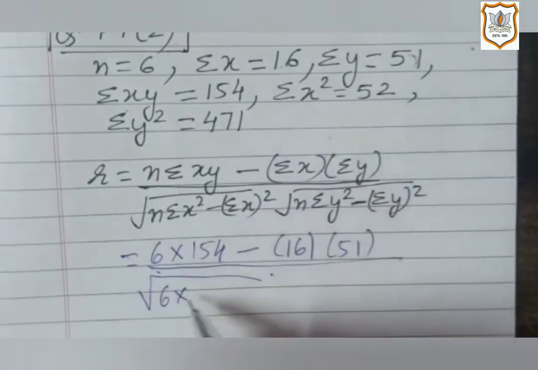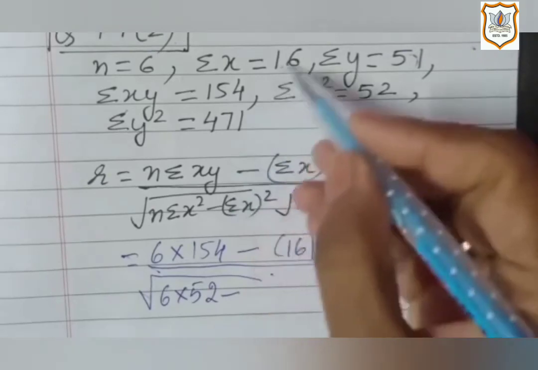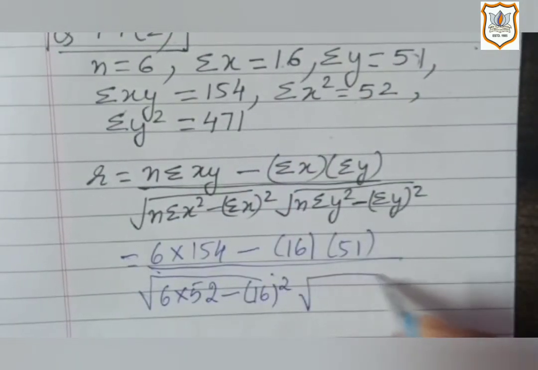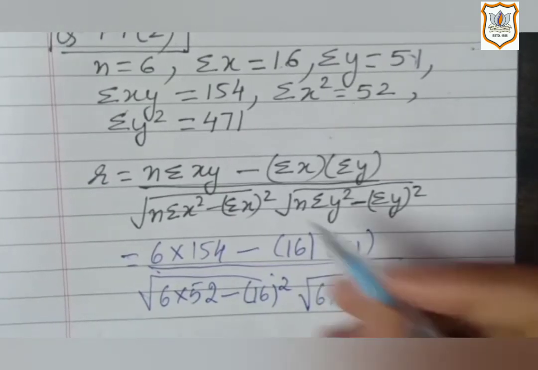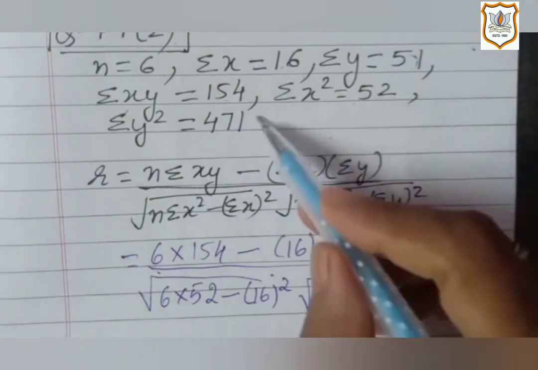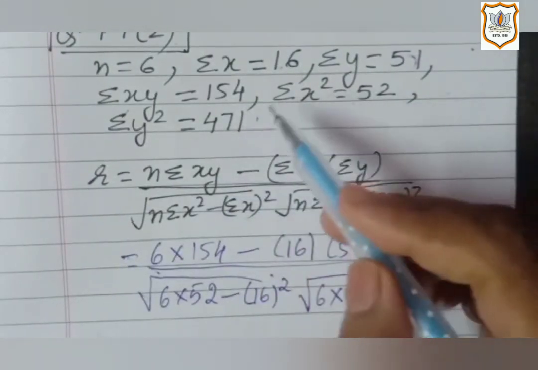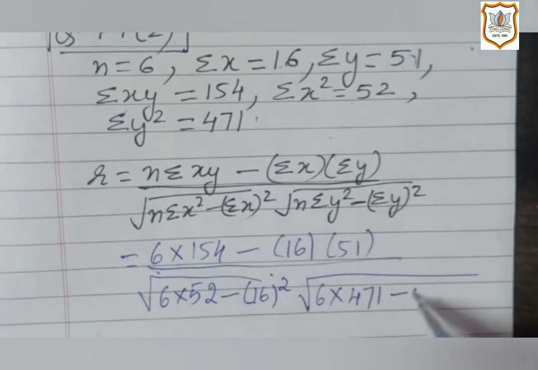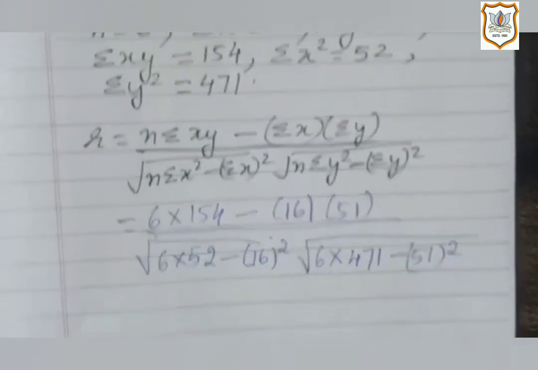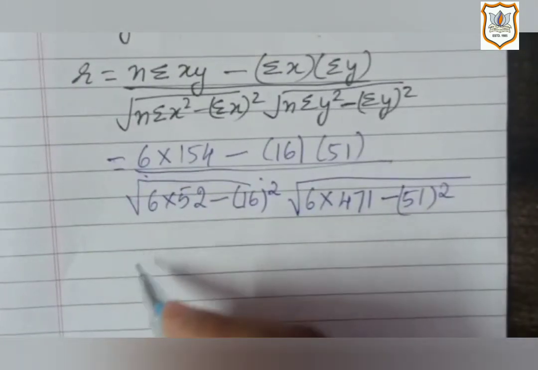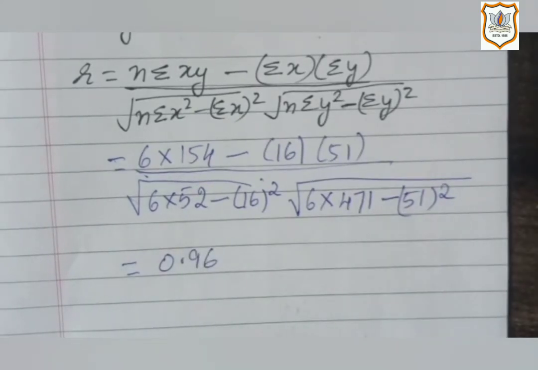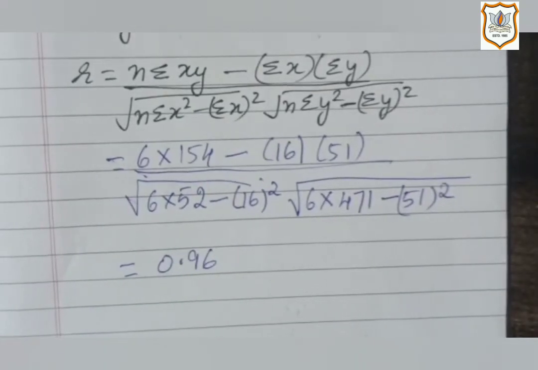So you will have 52 minus sigma x, that is 16 the whole square, under root of 6 into y square, that is 471, minus sigma y the whole square. Sigma y is 51. Just solve this value and find the answer. Now when you solve, you should get the answer 0.96.